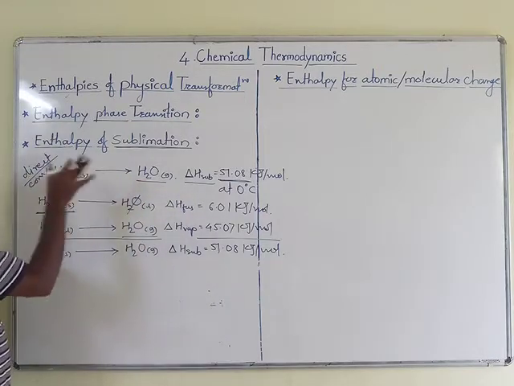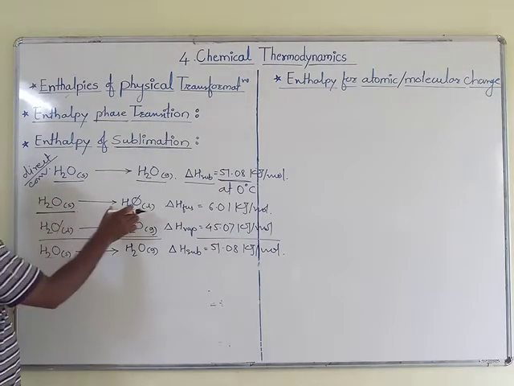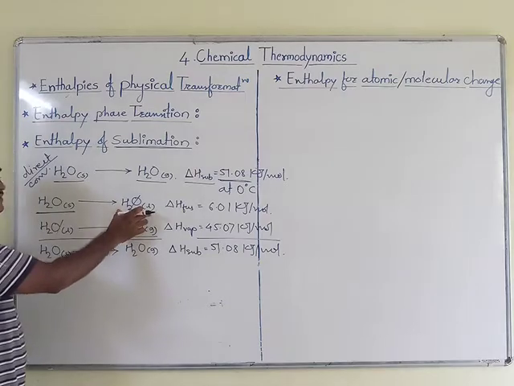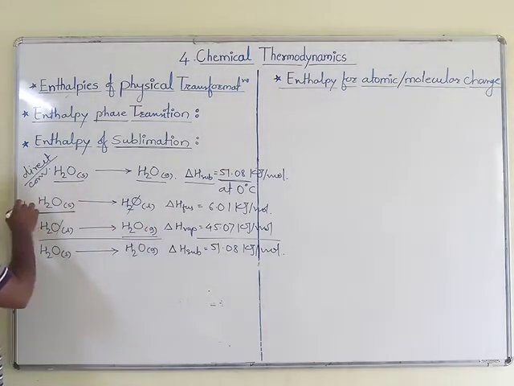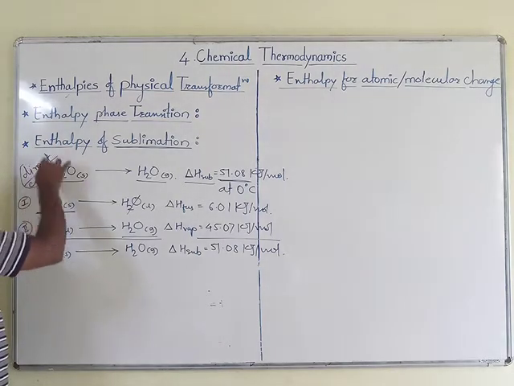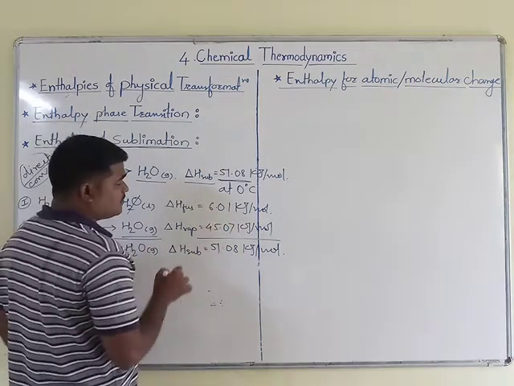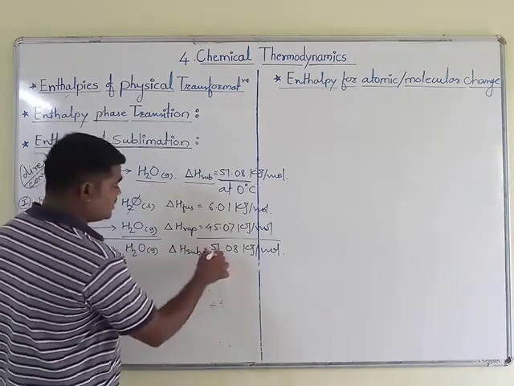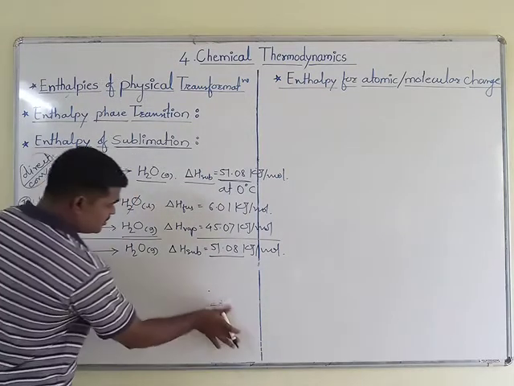Here we have split this into 2 parts: H2O solid is converted first into liquid, and liquid gets converted into gas. So we divided this direct conversion into 2 steps. The magnitudes are also added, and you get 51.08 kilojoule per mole.